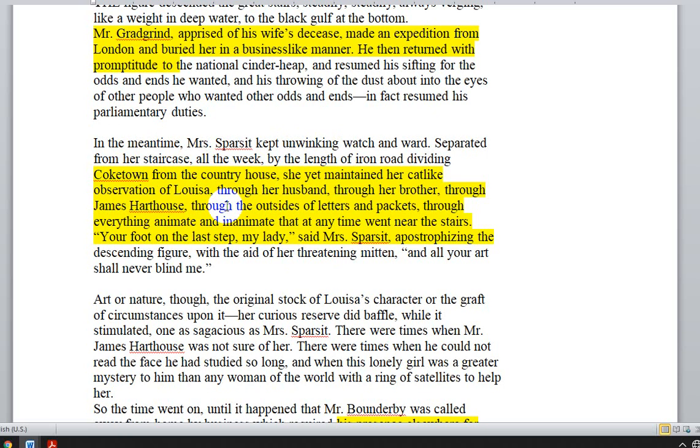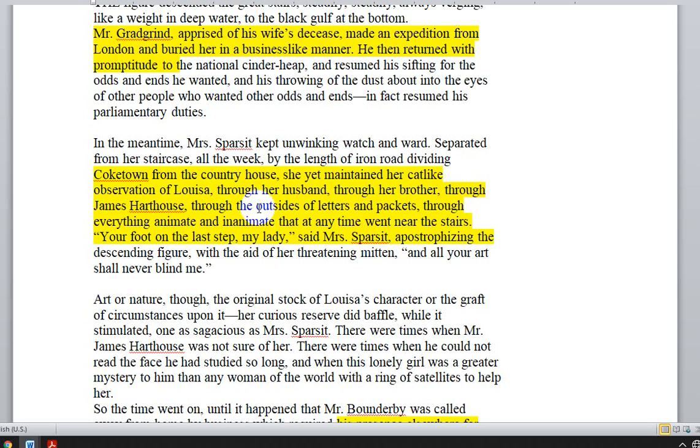So the writer tries to show Mrs. Sparsit as a very alert and careful person who keeps all her senses focused on Louisa, her moves, her words, whom she meets, as if she is staging this relationship between her and James Harthouse.